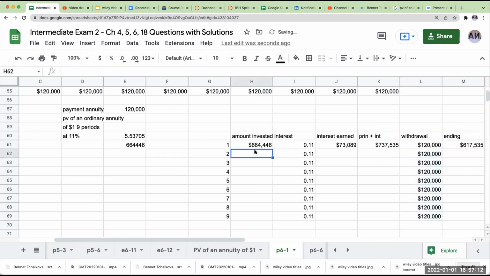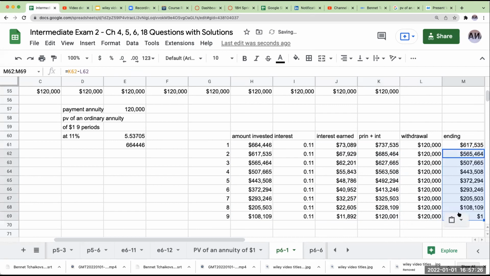That then becomes the beginning balance of the following period, and we go through and do the same parts over here. And there we go, it actually works.